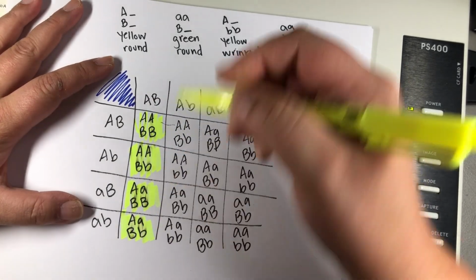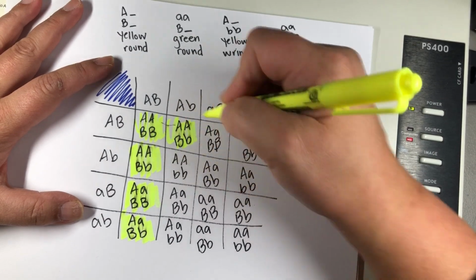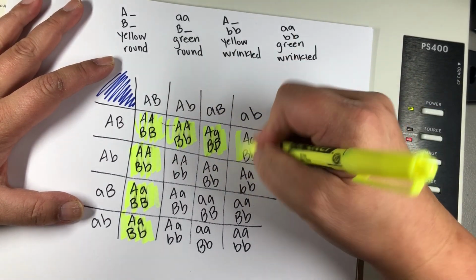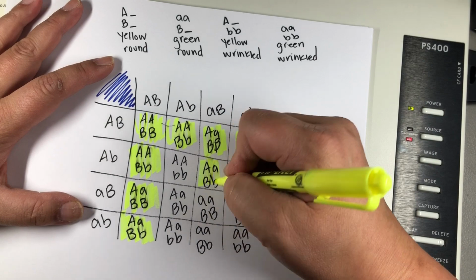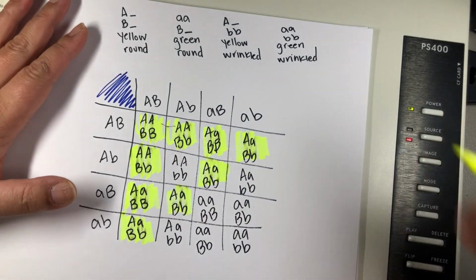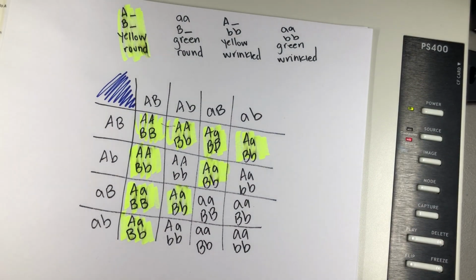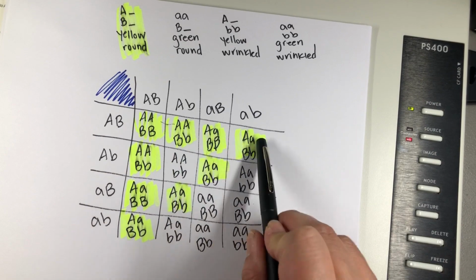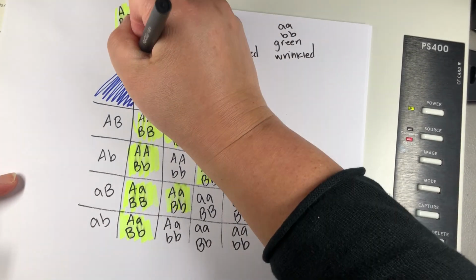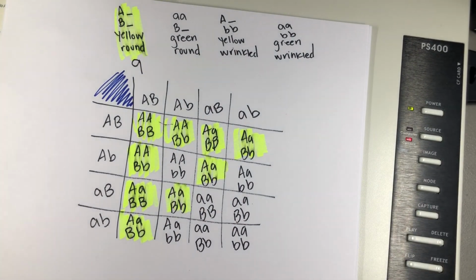This does too. Oh, look, this one does, and this one does. Okay, so anything with this particular phenotype, how many are there? Let's count together: 1, 2, 3, 4, 5, 6, 7, 8, 9. So there are 9 of the parental types.